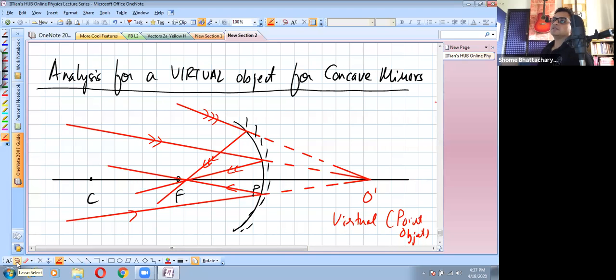Let me make it a little easier to understand by color coding these.